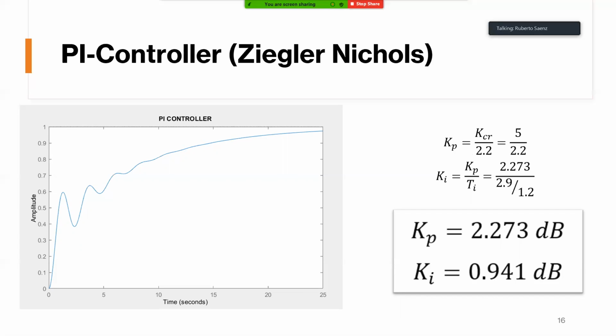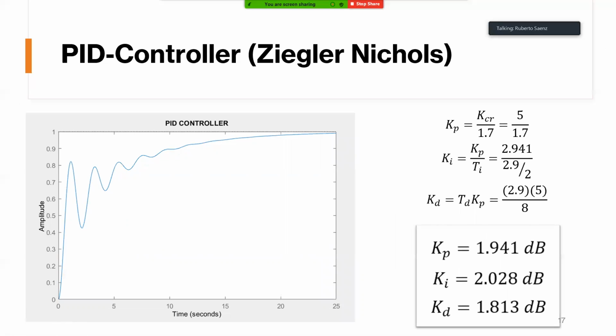And then the integral gain is solved by Kp over the integral time, Ti. So we plug in the previous 2.273 decibels, and to find the integral time, you can go back to the chart, and it will be the critical period over 1.2. So this ends up giving us an integral gain of 0.941 decibels.